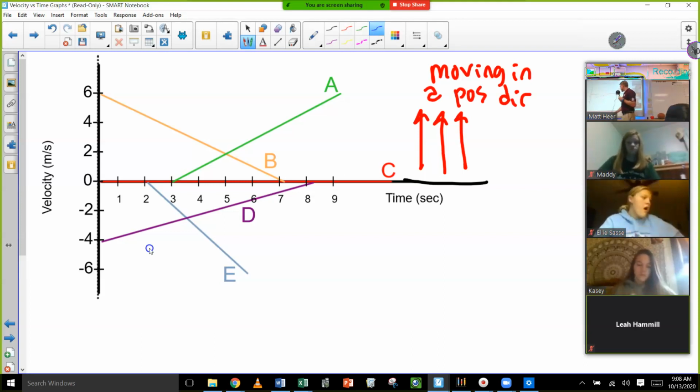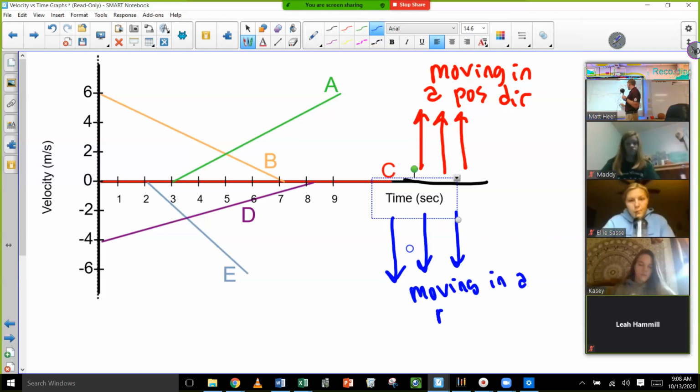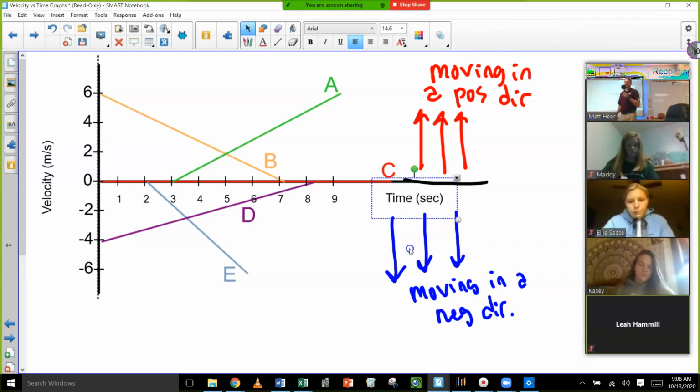And anytime the graph is below the axis, you're moving in a negative direction. So like, go to A. Is A moving in a positive direction or is A moving in a negative direction? Positive.